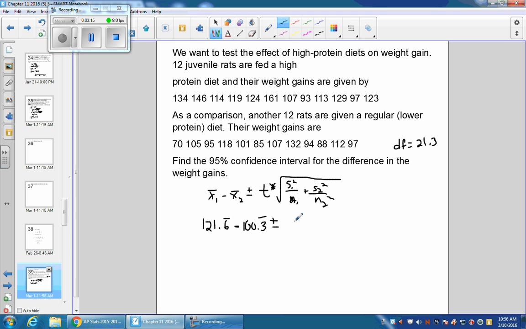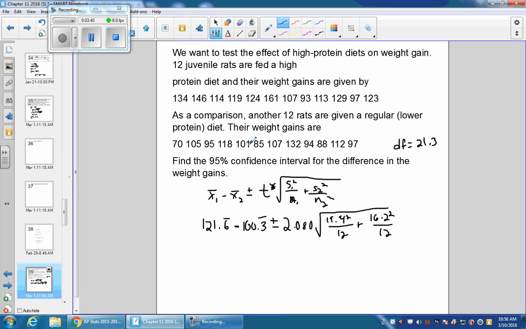So I'll come here, 2.080, and then square root. Standard deviation of the first one is 19.4-ish squared over 12, plus the standard deviation of the second one is 16.2 squared over 12. And now we do the math and figure the rest of this out.